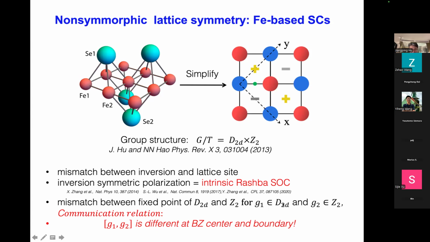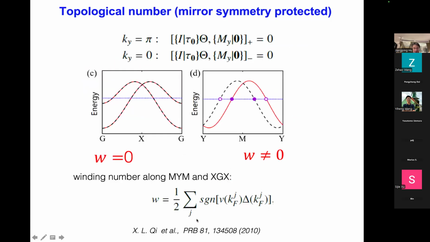And if you consider these two groups, their elements, actually their commutation relations between these two groups at the zone center and the boundary will be different. That's the notice, so in fact very simple.